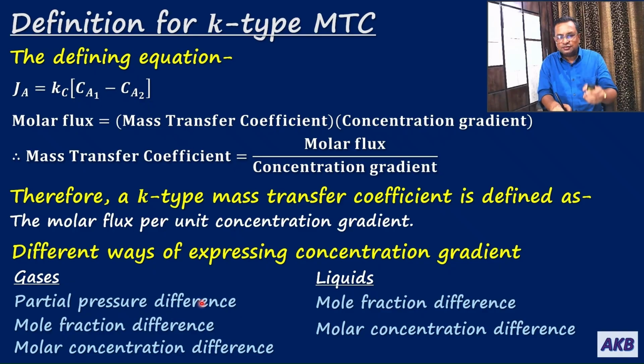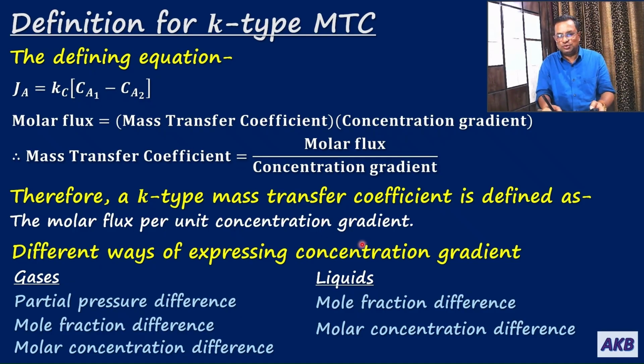So for each of the concentration gradients, you have a different type of K-type mass transfer coefficient. So depending on the concentration gradient, you have the K-type mass transfer coefficient. The simple way of defining K-type mass transfer coefficient is the molar flux per unit concentration gradient.